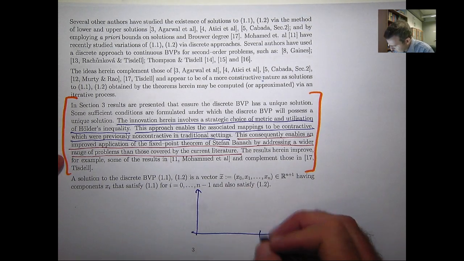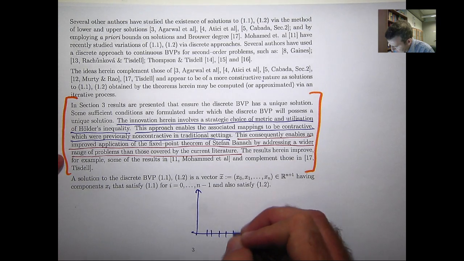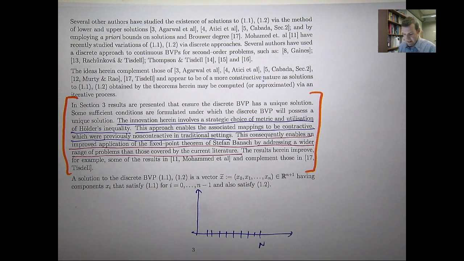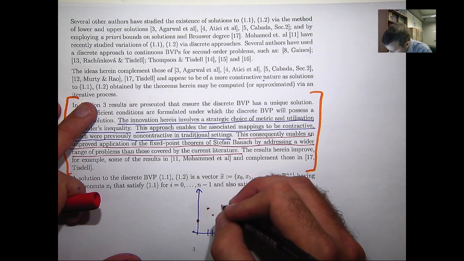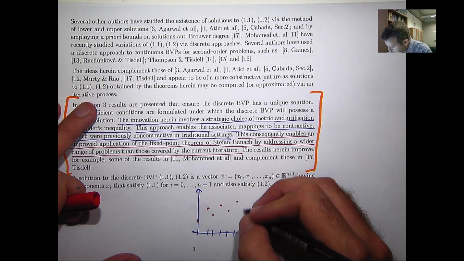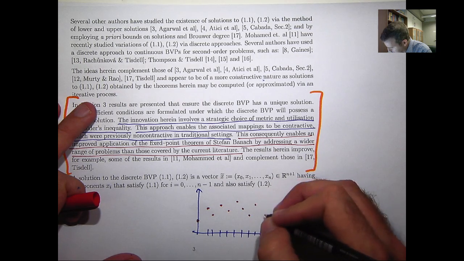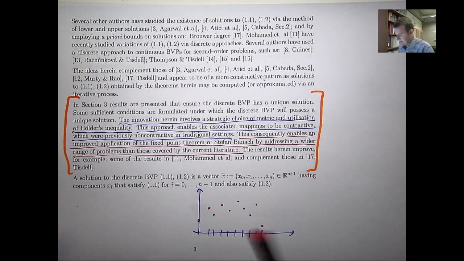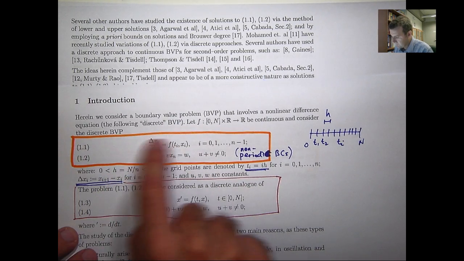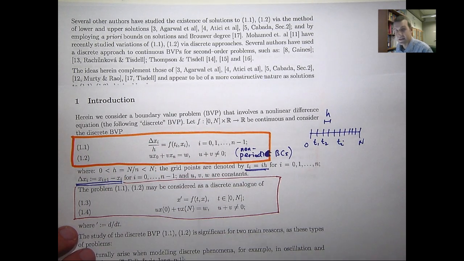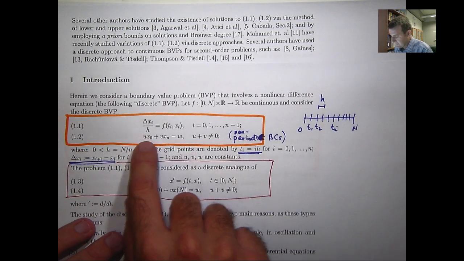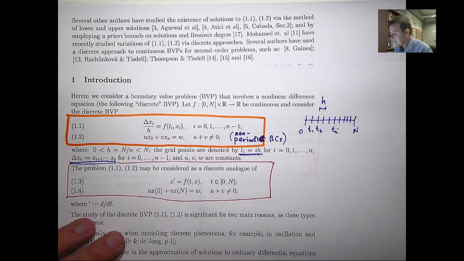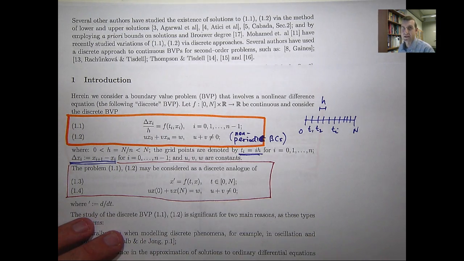You slice up your interval to form your grid points, and the solution might look something like this. So it's a vector in R^(n+1), and it has elements that satisfy the difference equation, and also at the endpoints the vector satisfies the non-periodic boundary conditions.